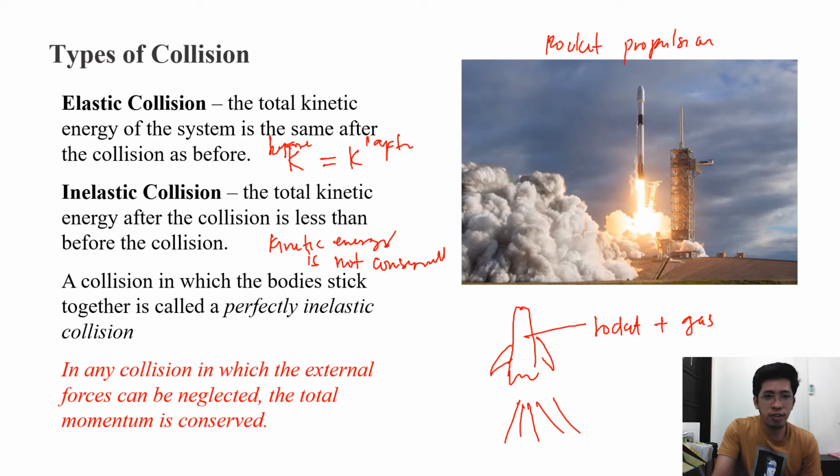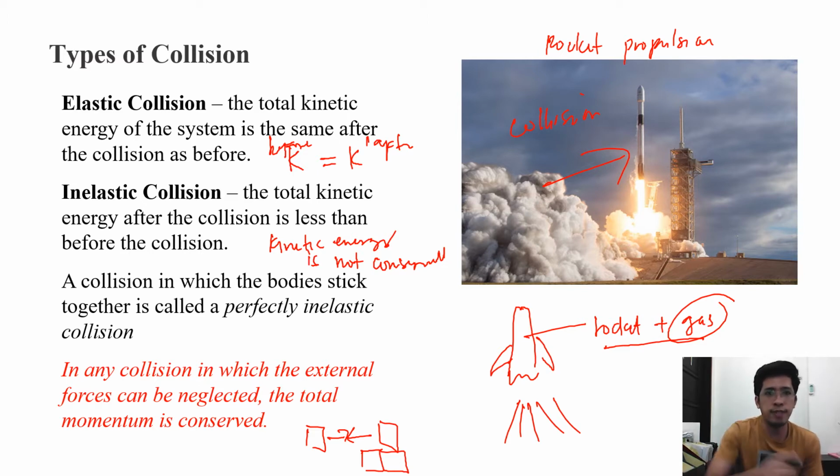So it's a reverse of perfectly inelastic, because in a perfectly inelastic collision you have two bodies that collide and stick together. But here you first have the rocket plus the gas, and then when you launch the rocket, it expels the gas. So you can still call this a collision, just a collision in reverse. That's how you propel your rocket.